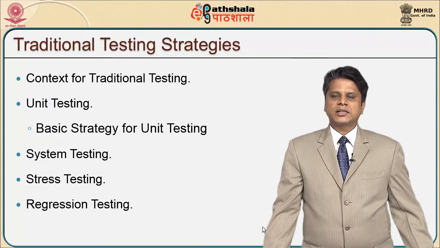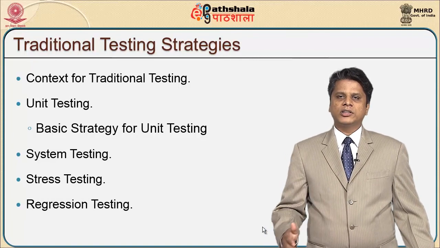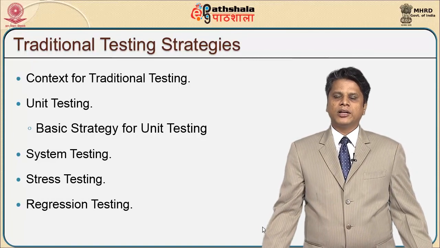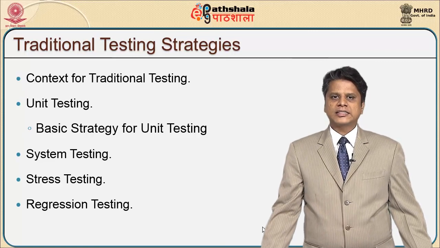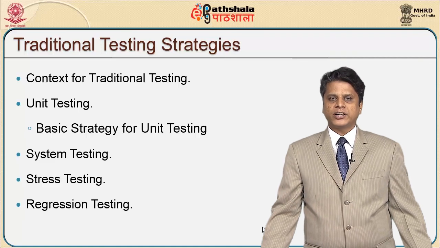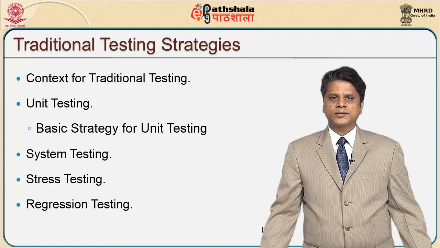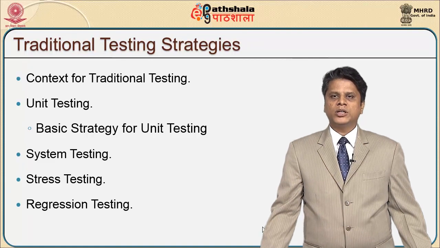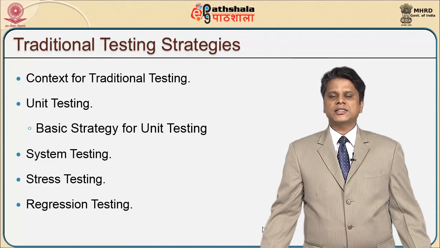So, the various traditional testing strategies that we would follow, if we are given an initial component level, we will go for a context for traditional testing. We will understand the context for traditional testing. We will do a unit test, where we will study the basic strategy for unit test. We will do an integration test.